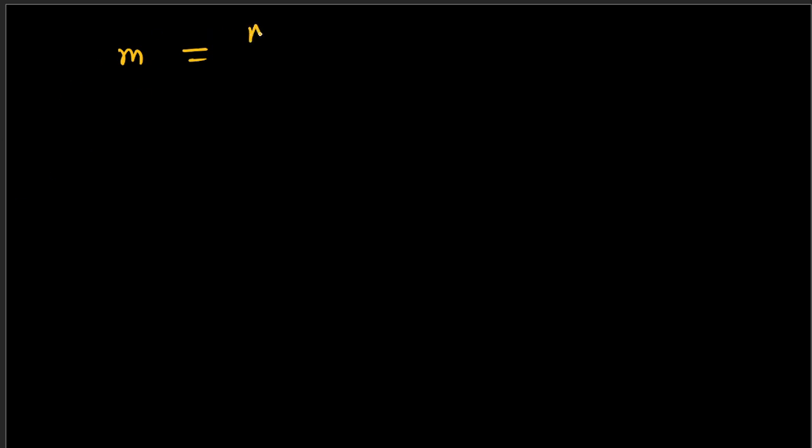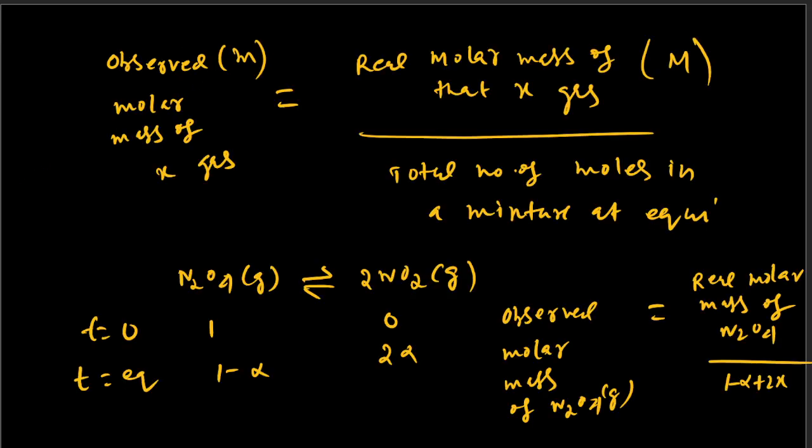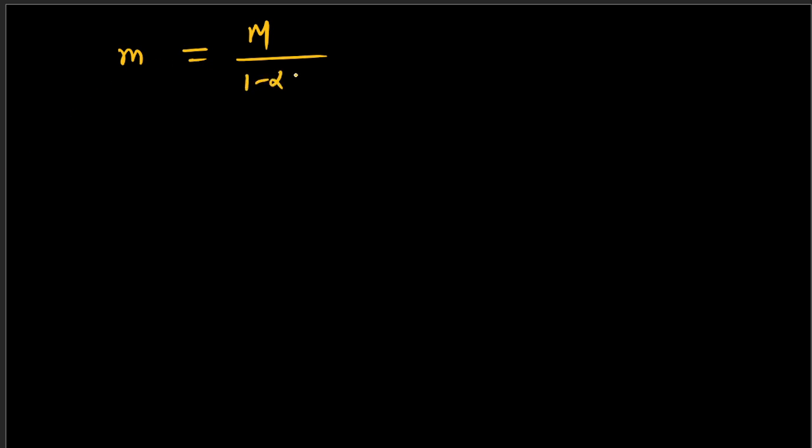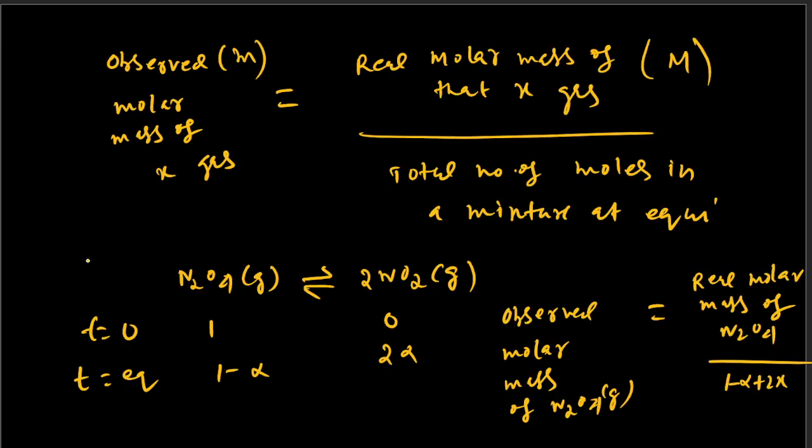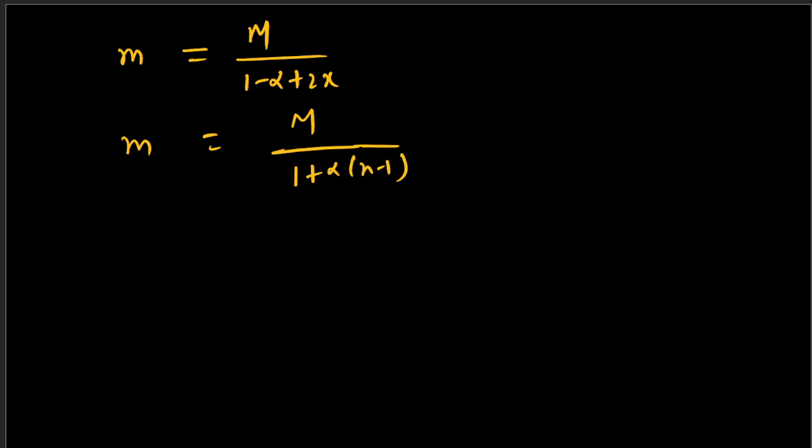And the real molar mass is m, and this is 1 minus alpha plus 2 alpha, the total number of moles. So this we can write m, 1 plus alpha (n minus 1). So this is 1 plus alpha. Let's say another example.